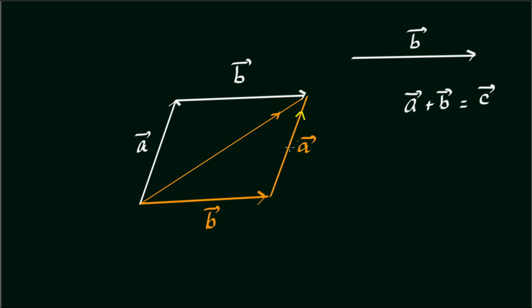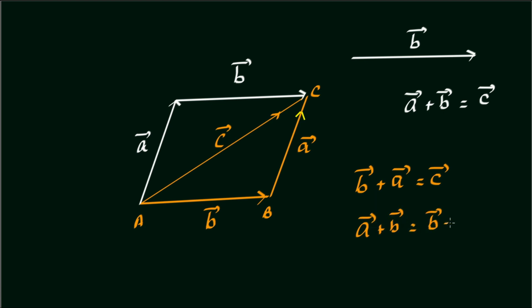This is A. This of course is C. Now if you look at the yellow triangle, you can see that B vector, displacement B, starts here, ends here, starts at A, ends at B. And from B you perform A vector, you end up at C. The resulting displacement is C vector. In other words, you can see that B followed by A is also C. So if you compare these two equations, you can see that A plus B is equal to B plus A.